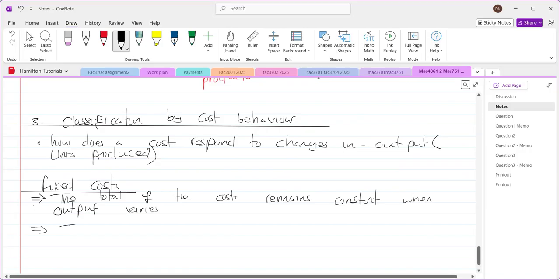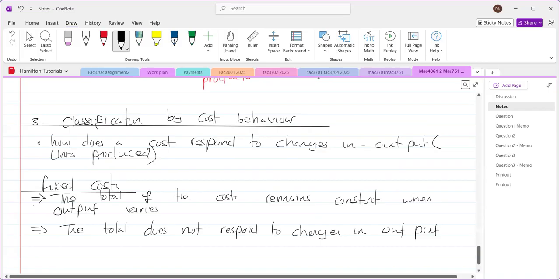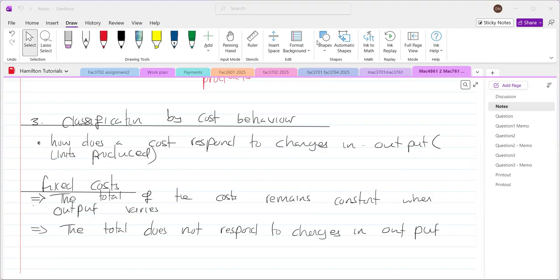In other words, the total does not respond to changes in output. When output increases or decreases, the value in total remains the same. Remains constant irrespective of any changes in output.